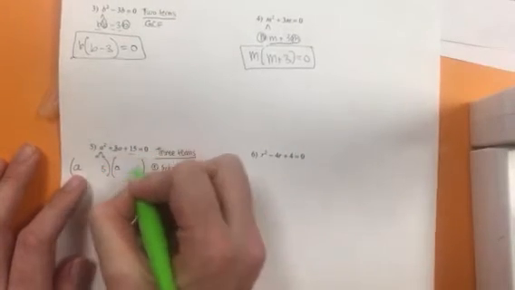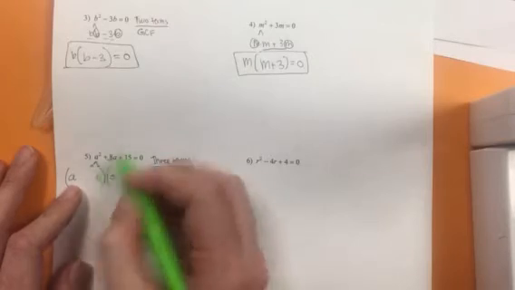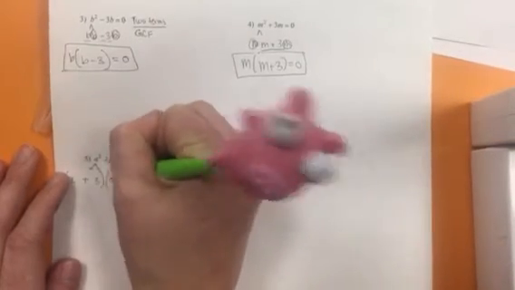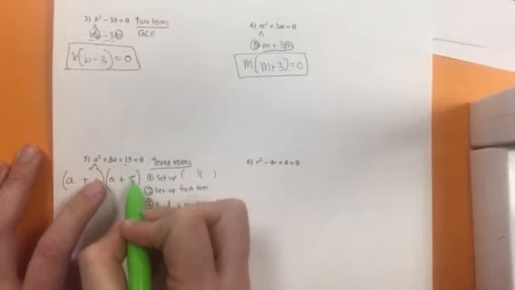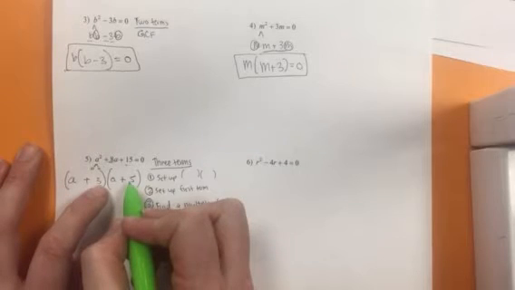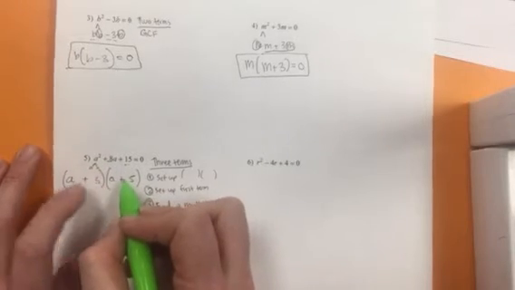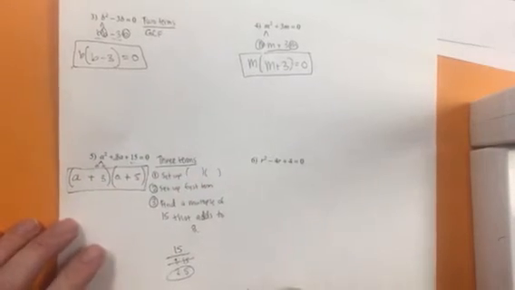So I put a 3 and a 5 in, and both of them should be positives. Let's check. A times a is a squared. 3 times 5 is 15. Add 5 and 3 together, and we get 8. That's true. This is our solution. That's our factors. That's our answer.